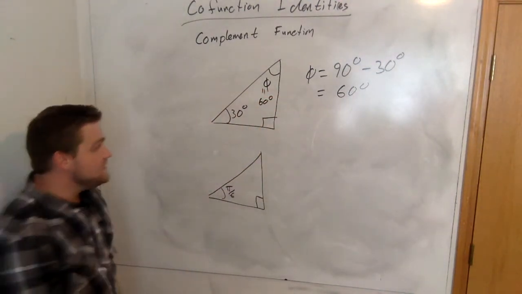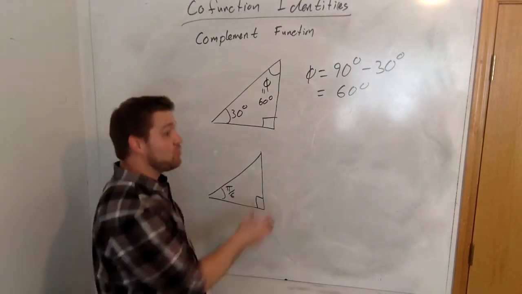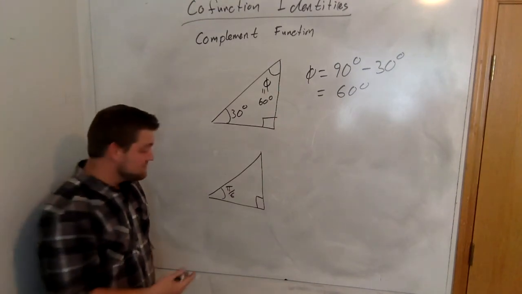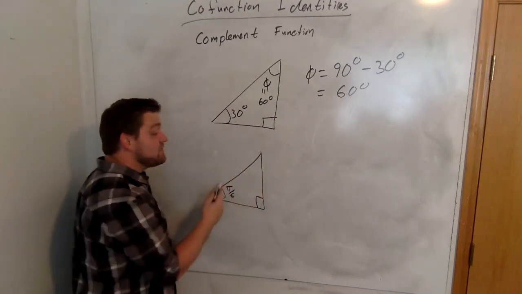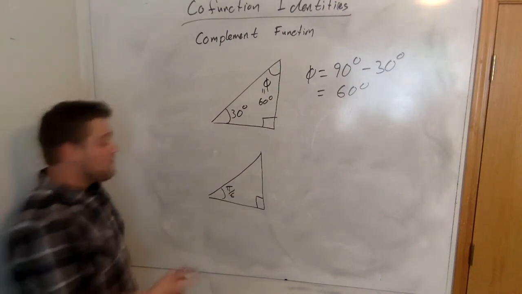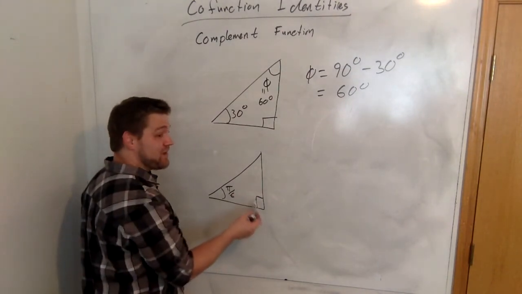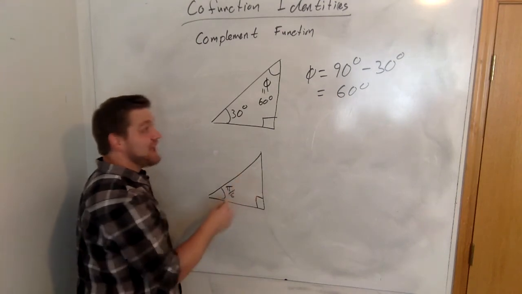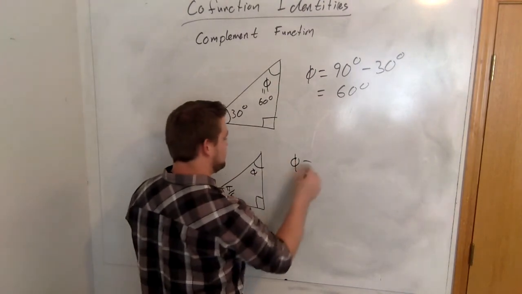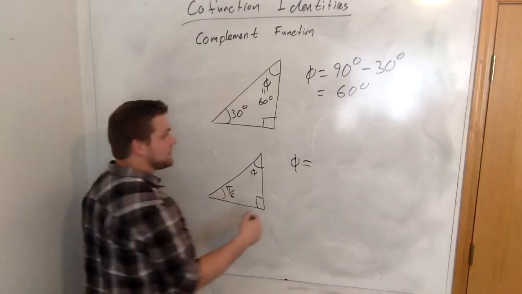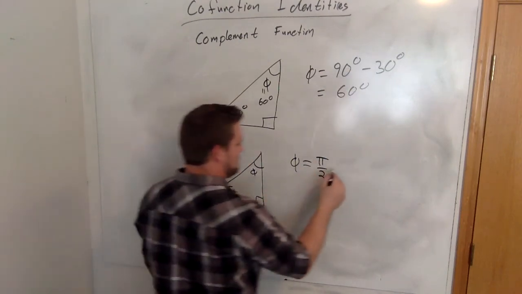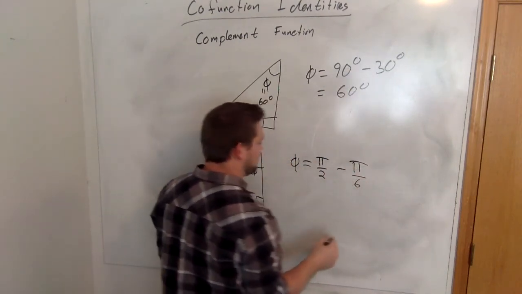Or if we want to work in radians, since the sum of the angles of a triangle add to 180 degrees, and 180 degrees is the same thing as pi radians, the sum of the angles of a triangle add to pi radians. Half of those, pi over 2 radians, is taken up in the right angle. So these two angles must add to pi over 2. So phi, using different units, would be pi over 2, which is equivalent to 90 degrees, minus pi over 6.